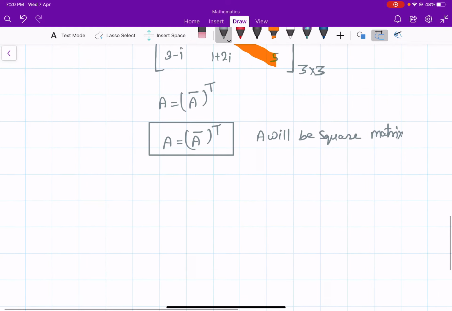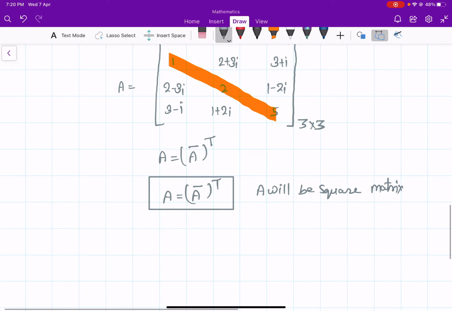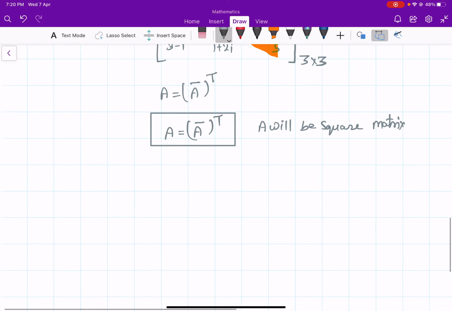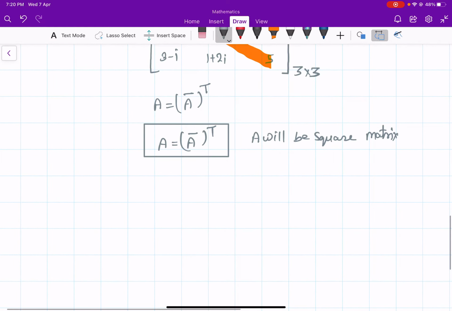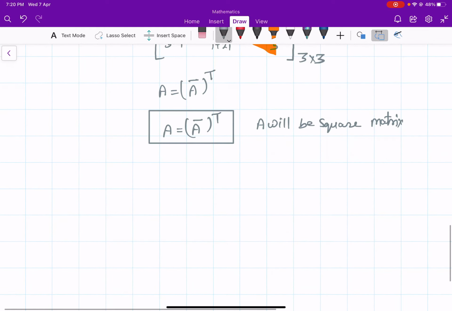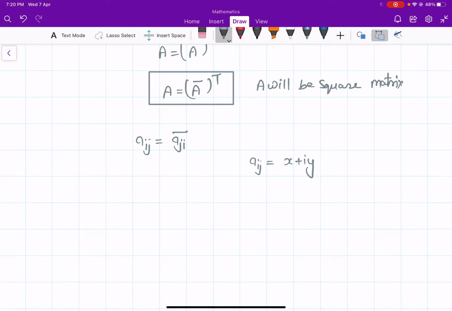Next, we have to prove why the diagonal elements will be real. As I told you, Aij is equal to the complex conjugate of Aji. Suppose Aij is equal to x plus iy, the general element.